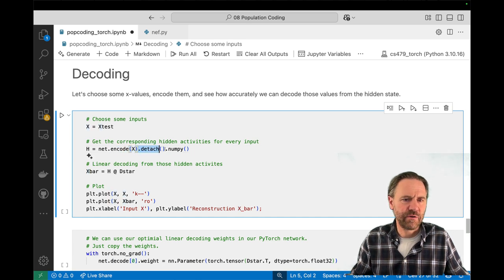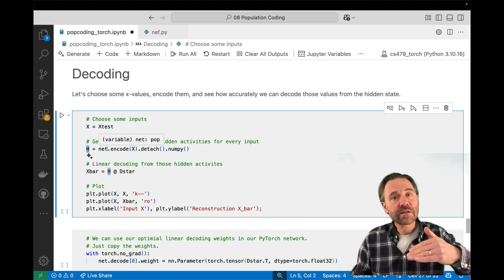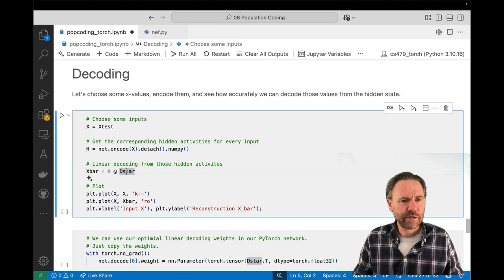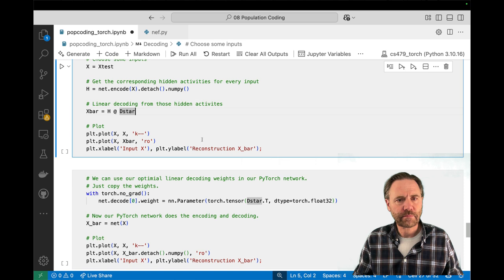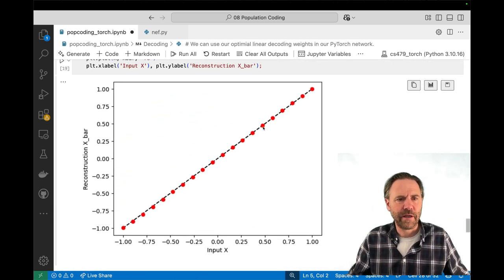Then I do this thing to turn it into NumPy so that I get h. This is a collection of all my hidden layer activities. And I multiply all those hidden layer activities by my decoding weights, and I should get an approximation of what the input was, x bar. And I do. The output is very close to what the input was.